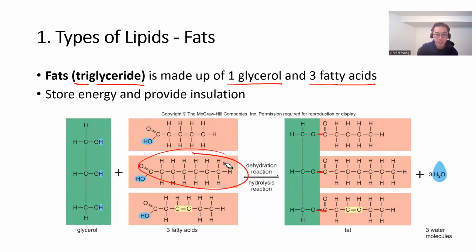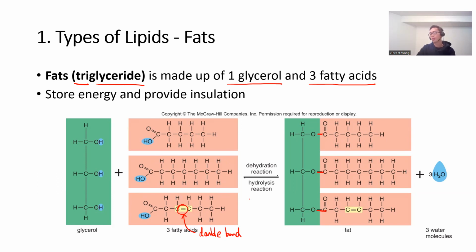This is also saturated, but this one is unsaturated. Because look at this carbon. It only has 3 connections. 1, 2, 3. So that means it has room for more hydrogen. When this happens, we have what's called a double bond.